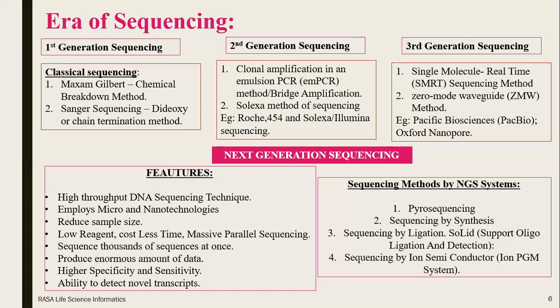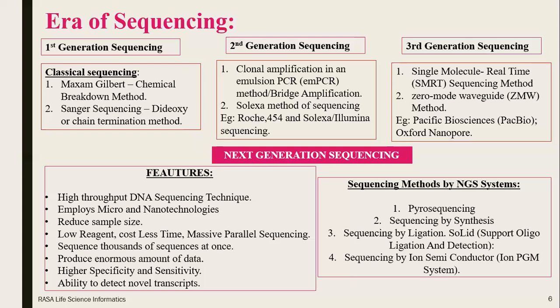And if we talk about pyrosequencing, which is a non-electrophoretic and bioluminescence method, it measures the release of inorganic pyrophosphate by proportionally converting it into visible light using a series of enzymatic reactions. It generates large read lengths, unlike the conventional ones.